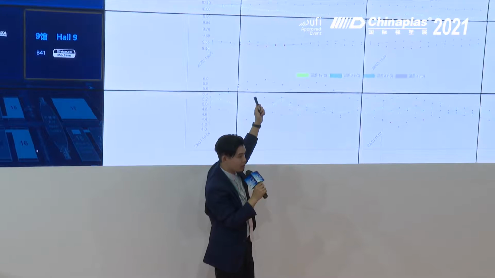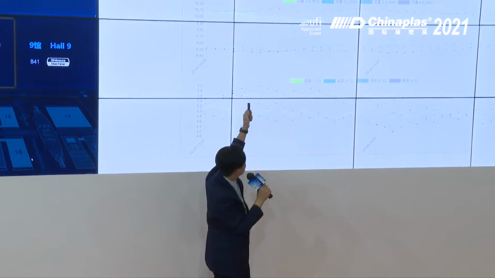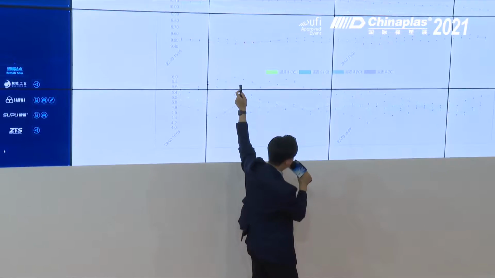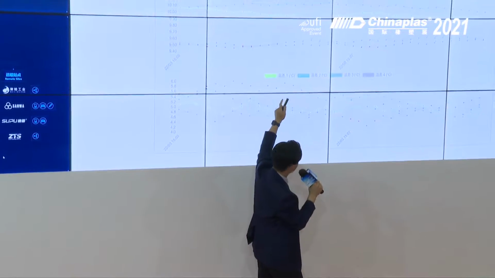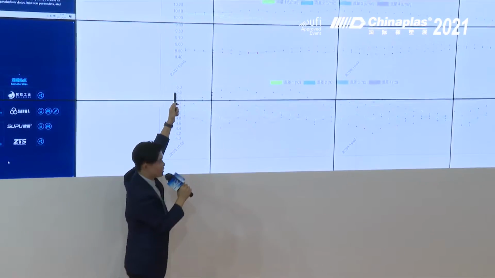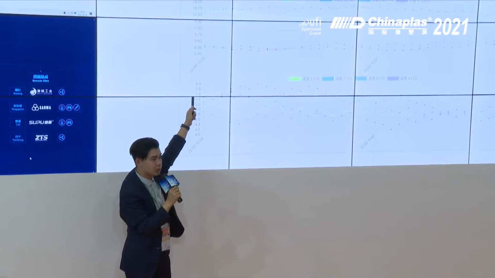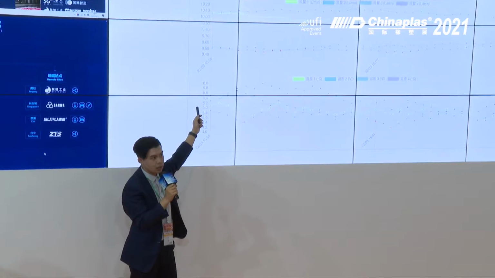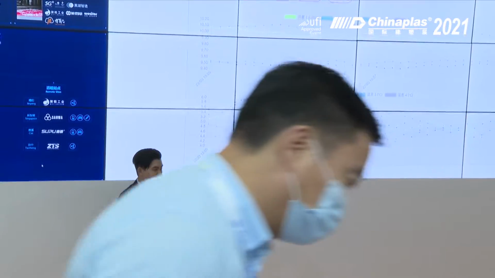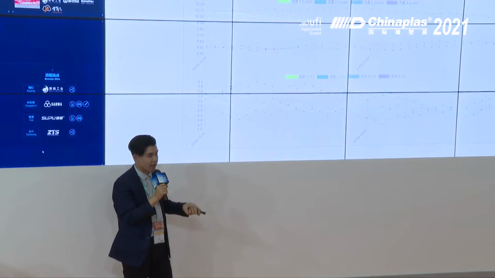When we collect more big data, we will know that when the flow comes down to 6 liters per minute, you will get a bad product. So there is no need to check the product again.